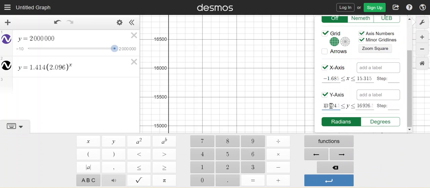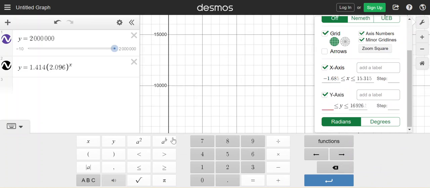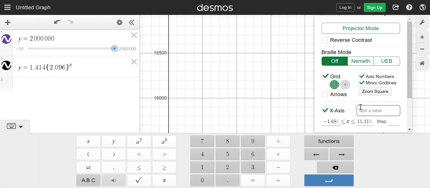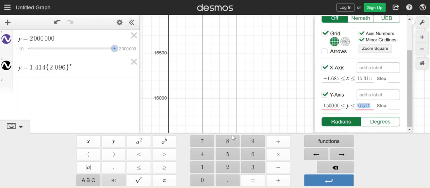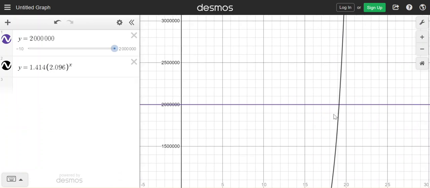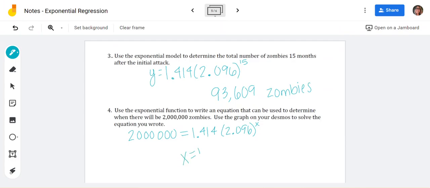I'm going to do about 1,500,000 on one side, and on the other side, 2,500,000. There's that. Now just zoom out till we find our curve. And they intersect at 19.137. And that was how much time. So there's about 19 months before there's 2 million zombies in the world.